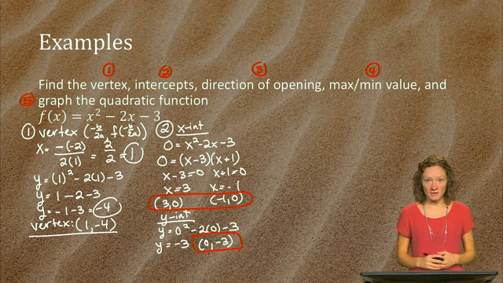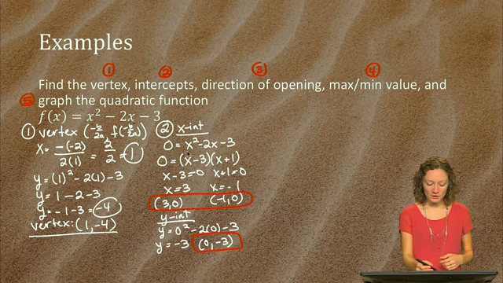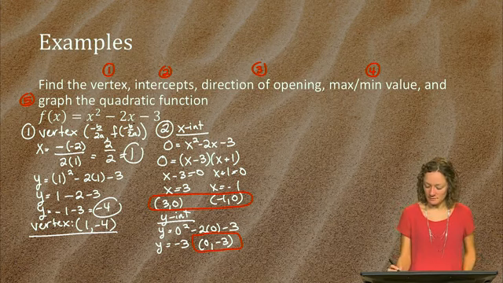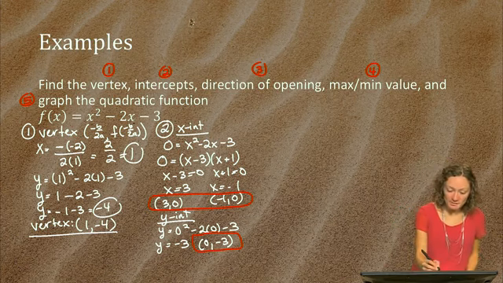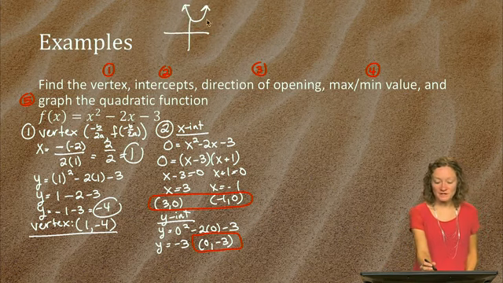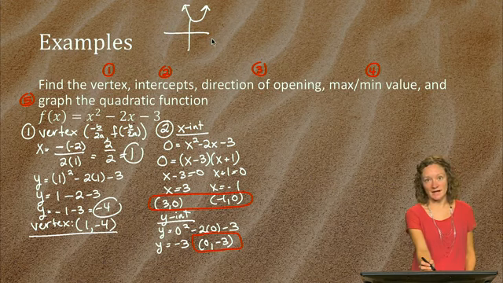It's not always the case that there'll be 3. If you get to a point where you're doing x-intercepts and you get something that doesn't work, it means that there aren't x-intercepts. It could be possible for a graph, right, to have shifted up this high and never crossed the x-axis.